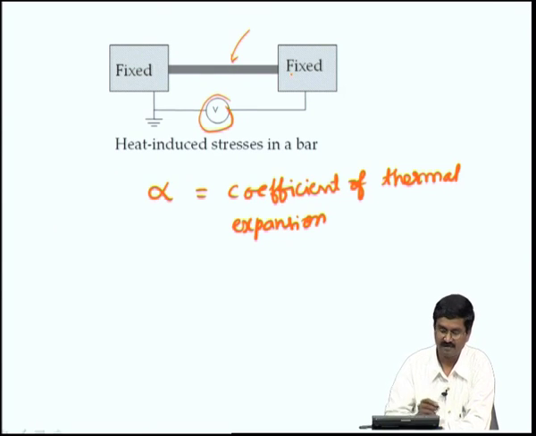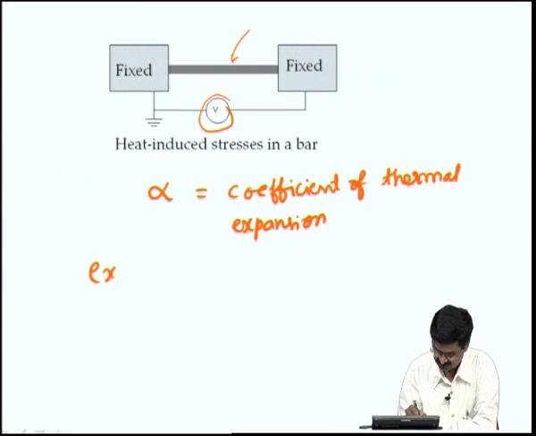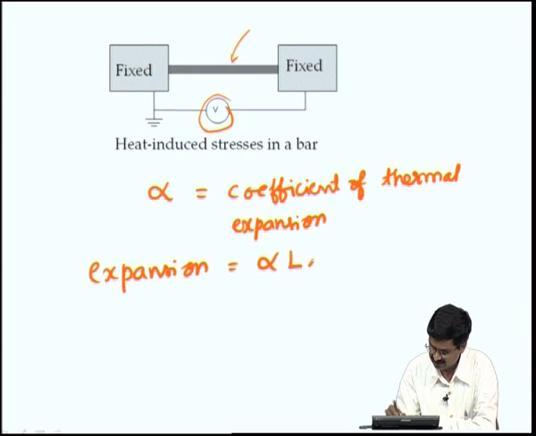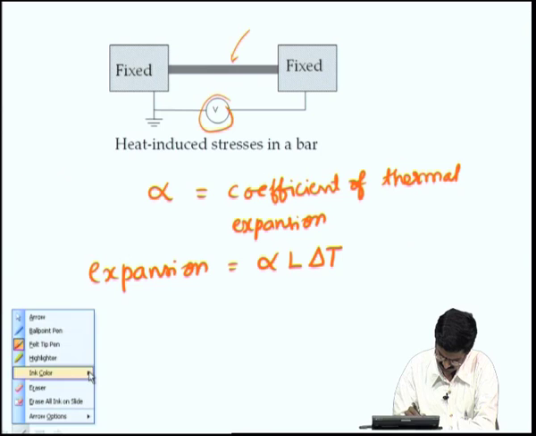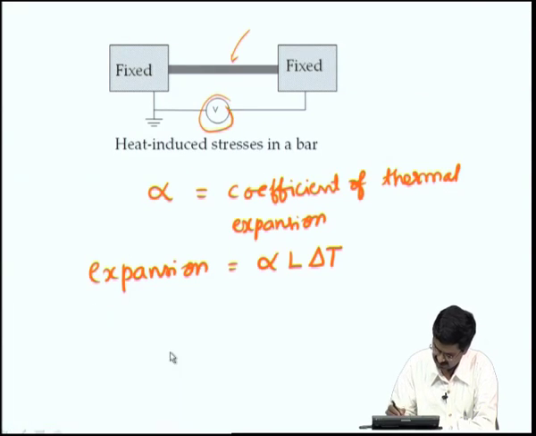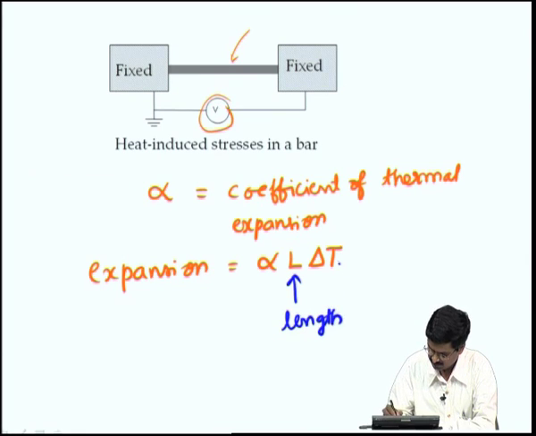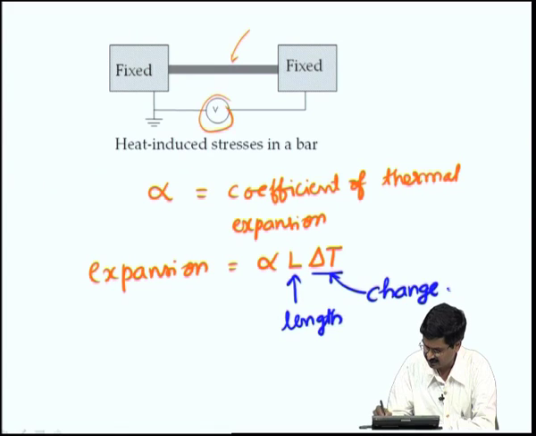If this bar, if this interconnect here rises by a temperature delta T and its length is L, the expansion is given by alpha L times delta T. So, here the L is the length and delta T is change in temperature or temperature rise.